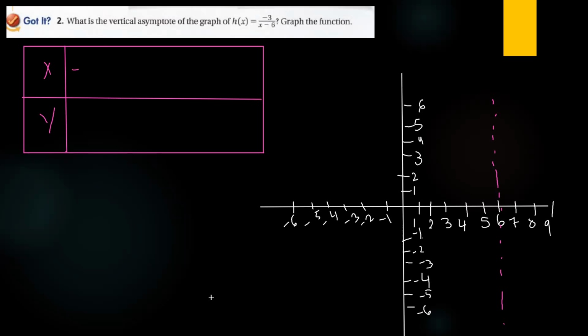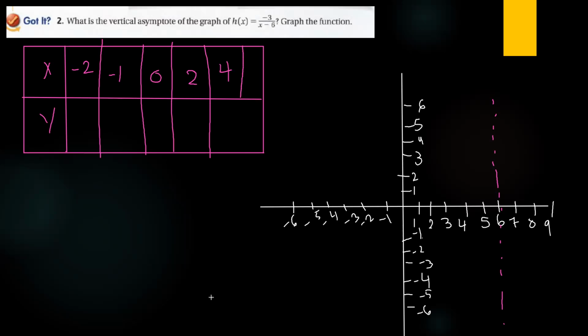Negative 2, negative 1. Continue, please. Can we take 0? Yes, miss. Can we take 2? Yes. Can we take 4? Yes. Can we take 6? No, bravo, because this is my excluded value. And let's take 8.